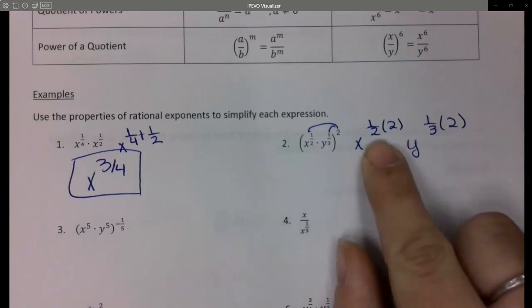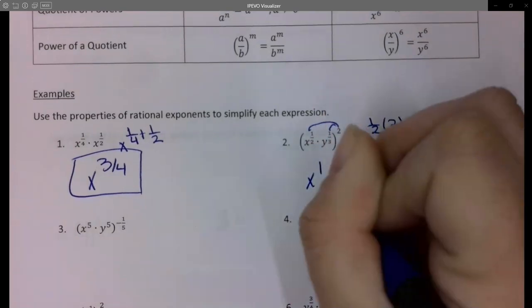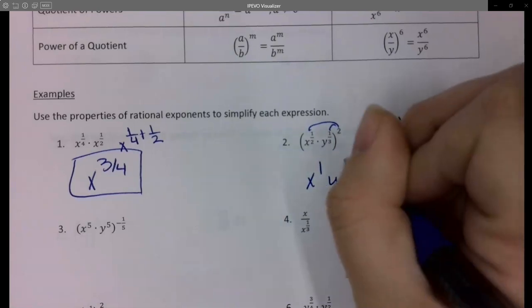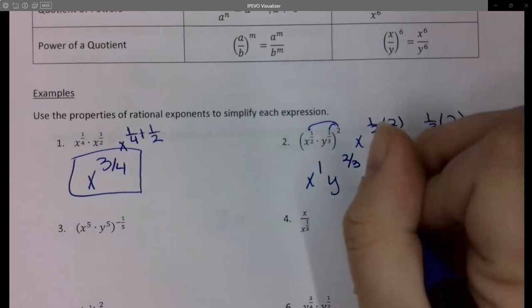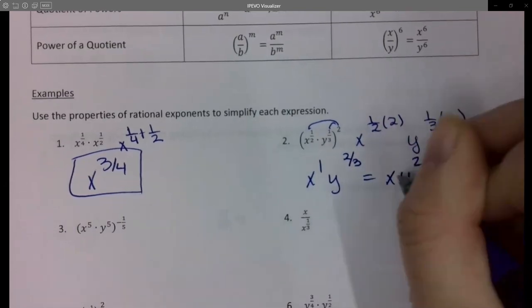Then I would just multiply. 1/2 of 2 is 1. And then over here, 2 times 1/3 is 2/3. So I could leave it like that, or whenever something has an exponent of 1, we don't have to write it.